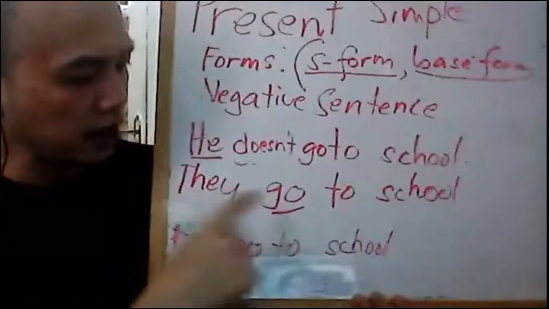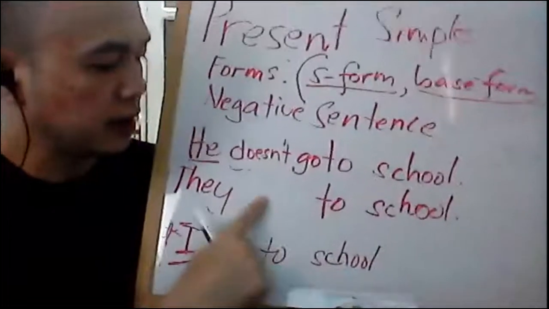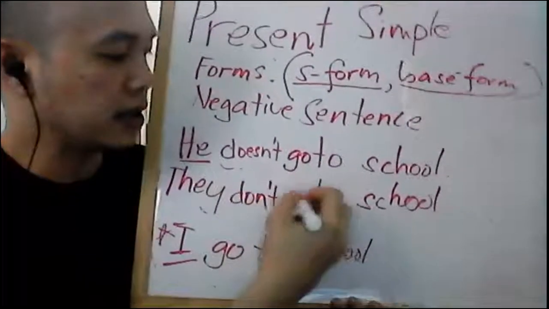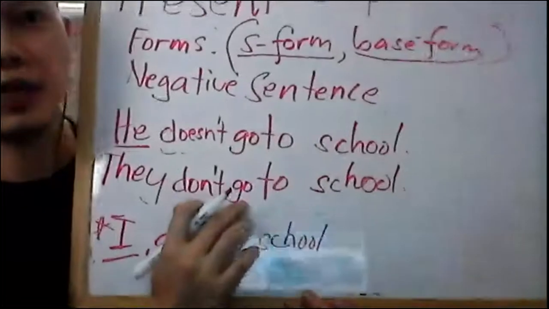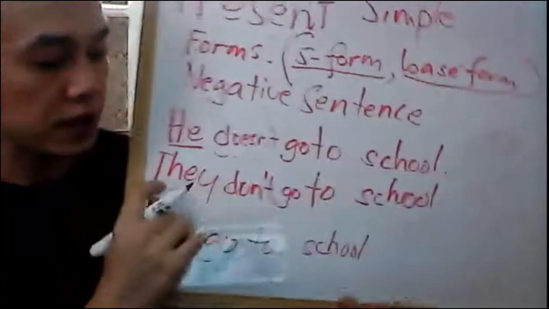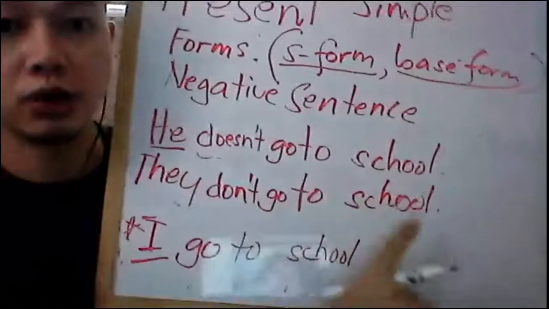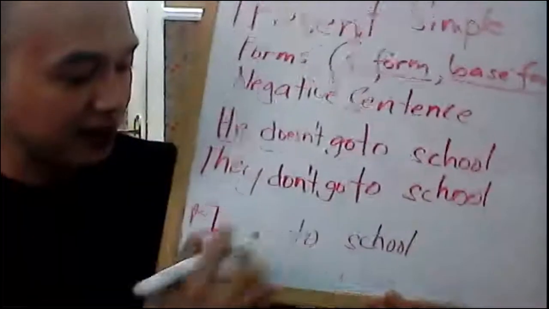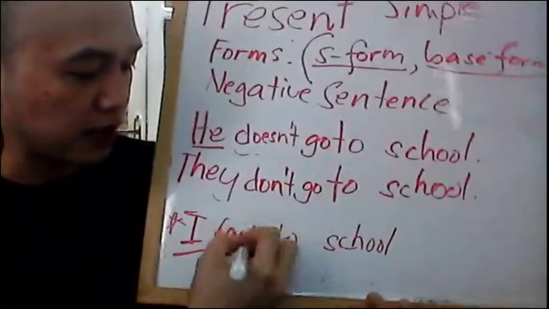Yes. Now, how about if your subject is plural? Then you are going to use don't, okay? And the same, the main verb is also in the base form. So they don't go to school. Okay, you get it? Yes. All right. And then the same is true with I. You're going to use don't as well.